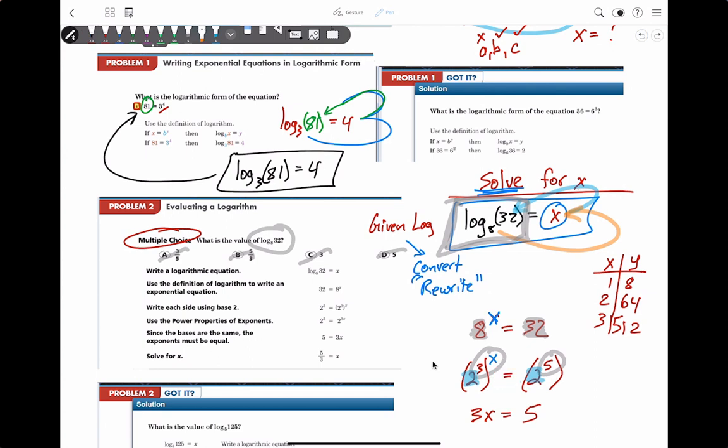Okay? We know a power raised to a power we multiply, we get 3x, and then this power is just 5, and now I can simply solve by basic algebra of dividing by 3, and you would get 5/3.